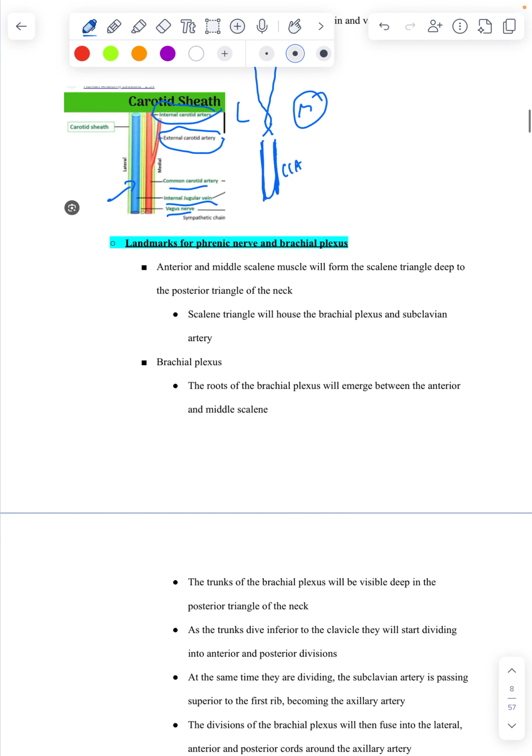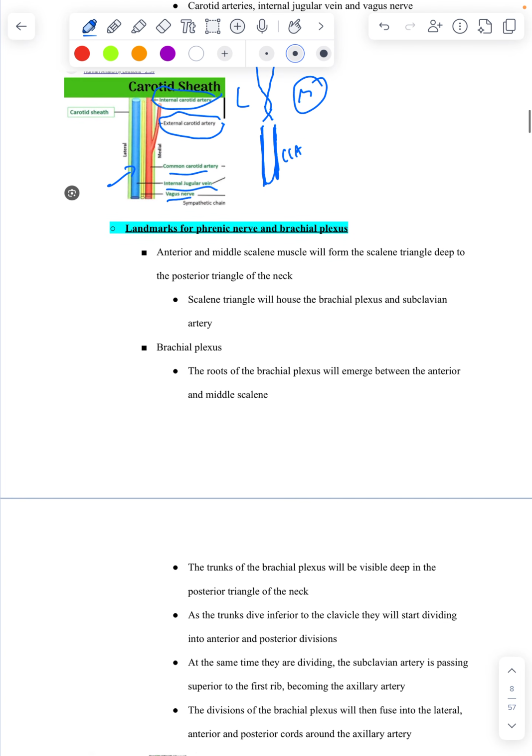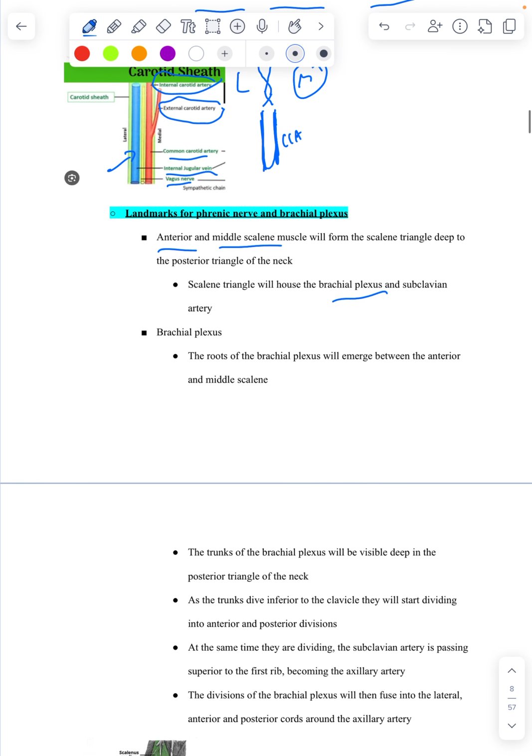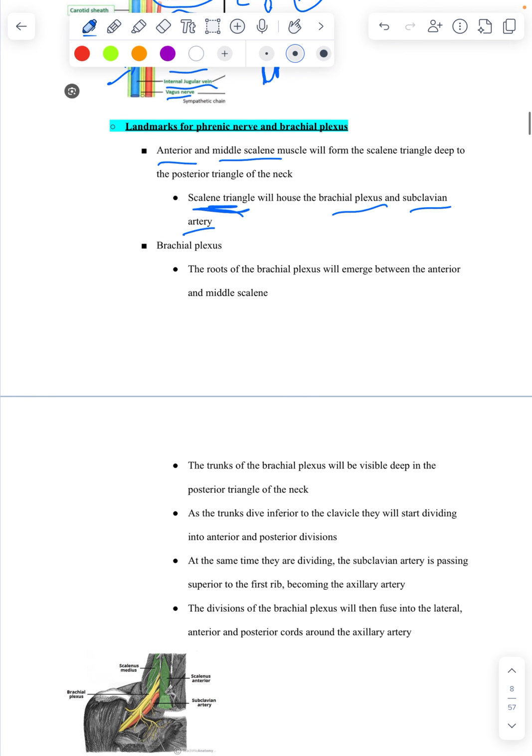So, phrenic nerve and brachial plexus. So this has to do with your scalenes. So we said that the brachial plexus is between your anterior and middle scalene. Technically, it's called a scalene triangle, which has your brachial plexus, and will have your subclavian artery as well.